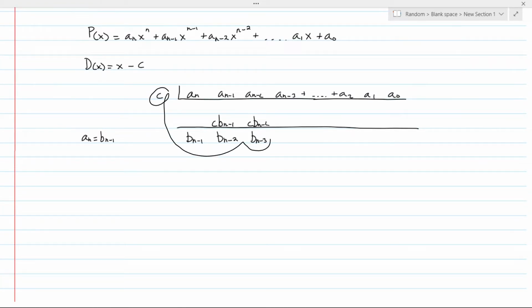Multiplying c by b sub n minus 3. Where r is the remainder.